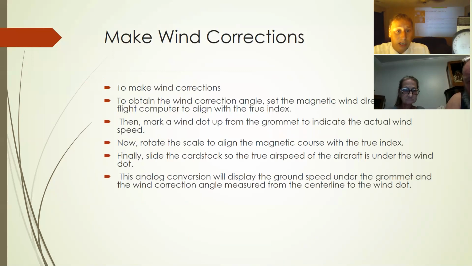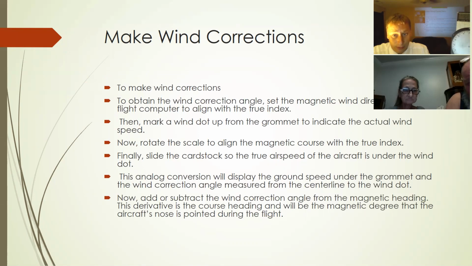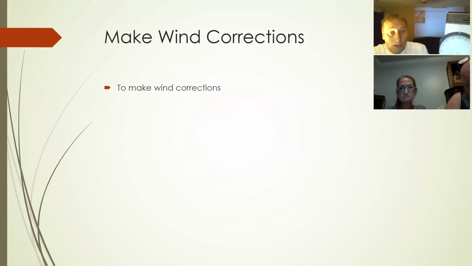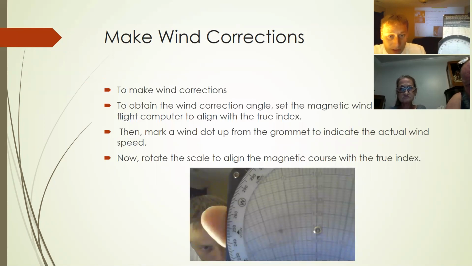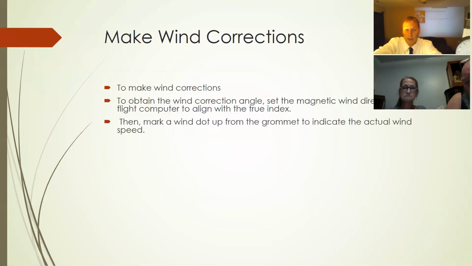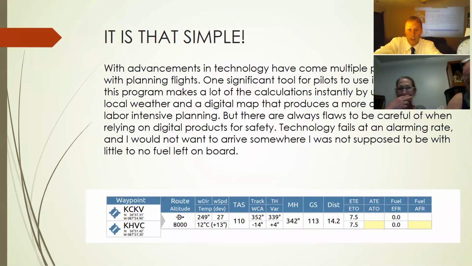Now we will slide the scale up so that the true speed arc is under the wind dot. As you can see in the picture, we have slid it up to 110 knots, which is the true airspeed, and our true ground speed will be under the wind dot, under the grommet.